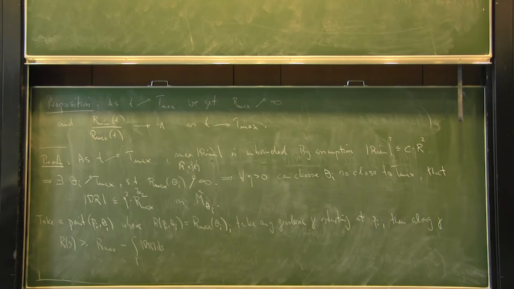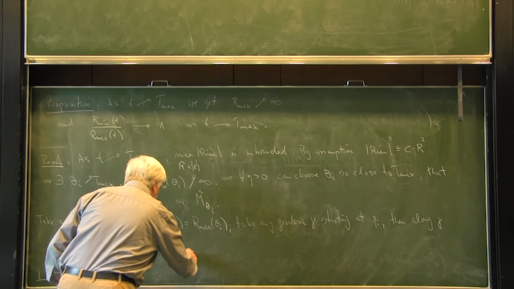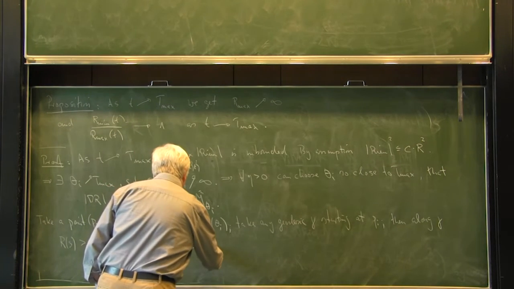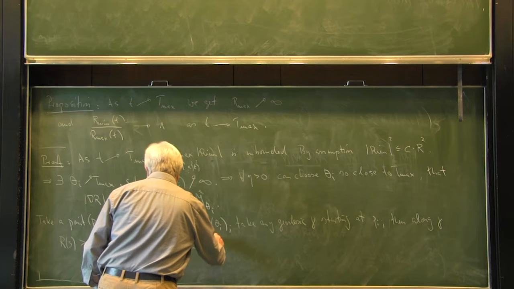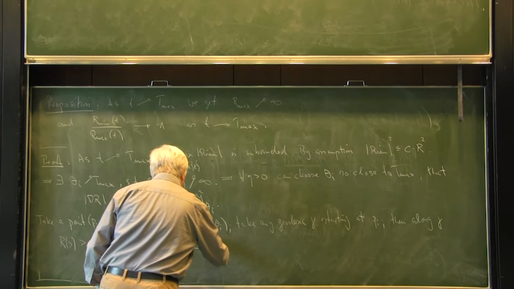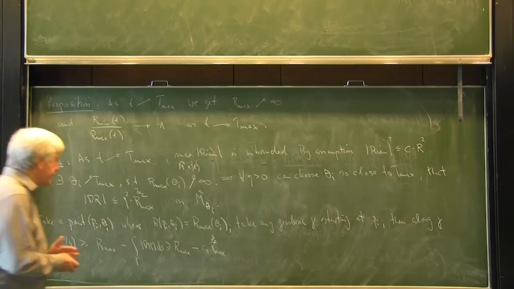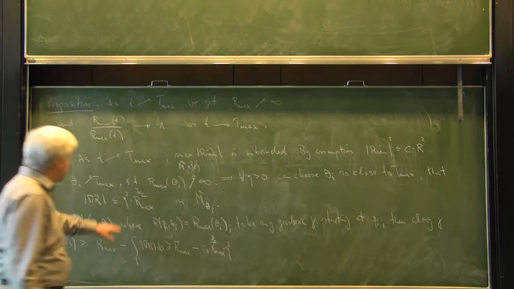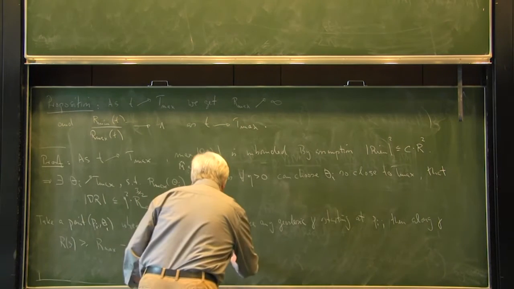Now, for the gradient of the scalar curvature, we put in our estimate, so this is bigger than R max minus a constant times R max to the 3/2 times eta squared. That's the estimate I get from here, times the length of the curve.